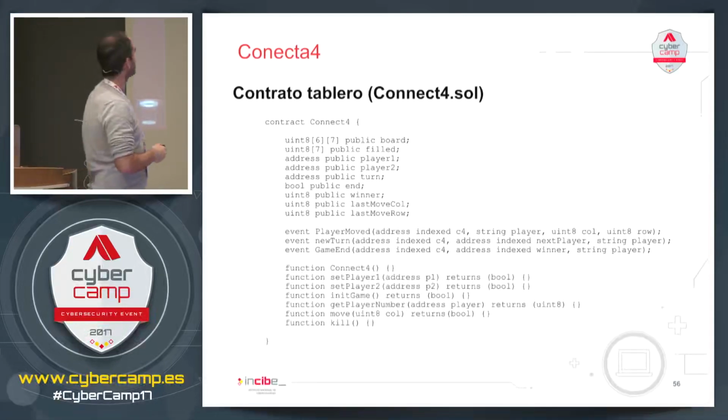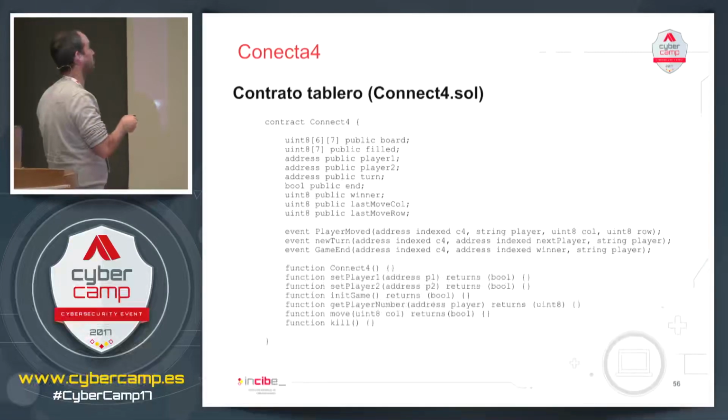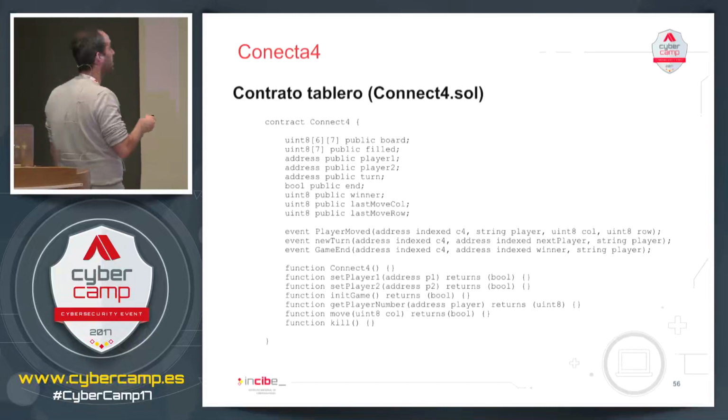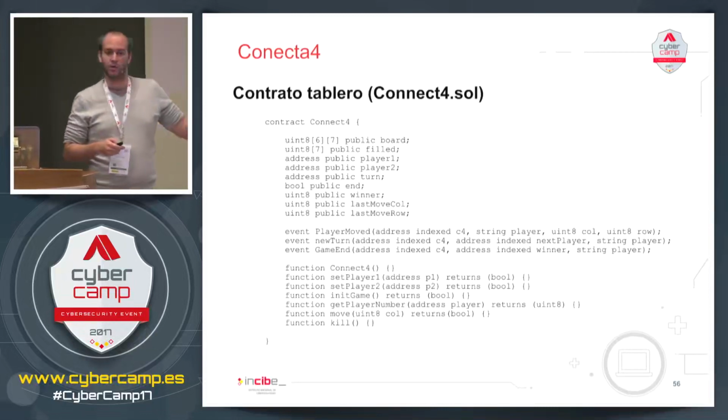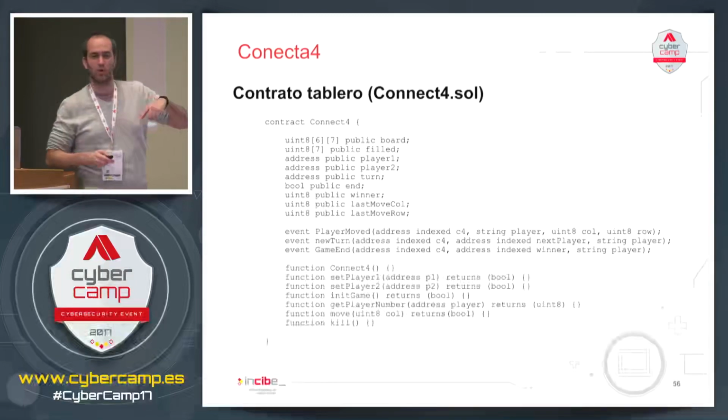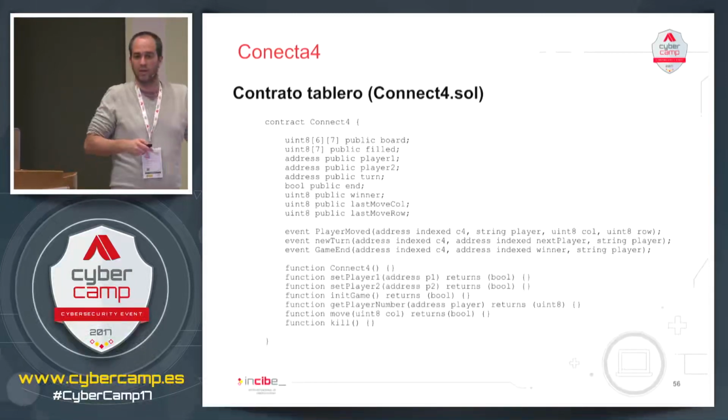The code is too long. I put it on my GitHub. There's a Connect4 board with a 6 by 7 matrix. It's a bytes matrix. Well, it's the cells occupied by the corresponding players.